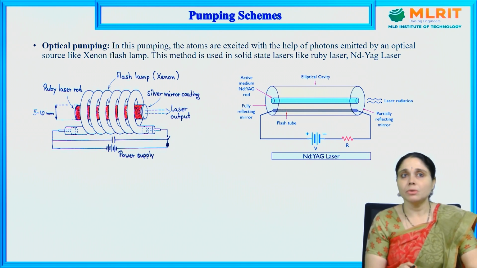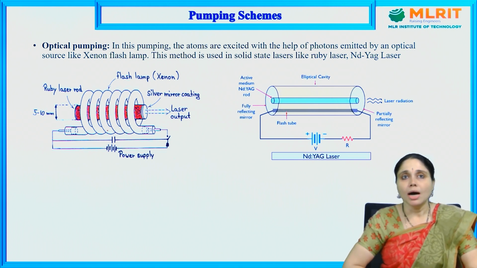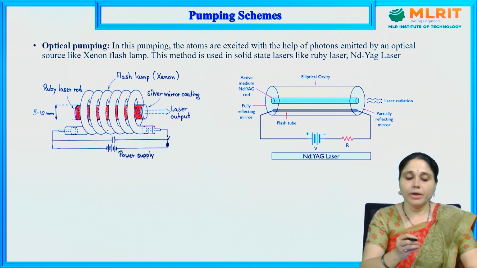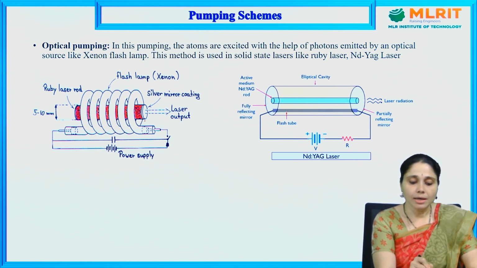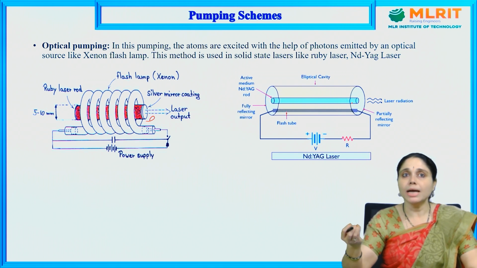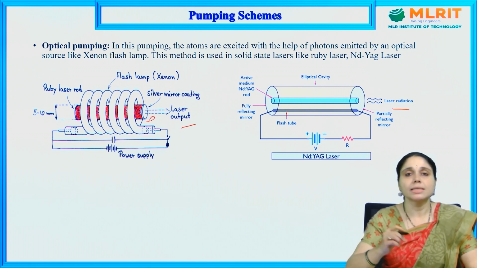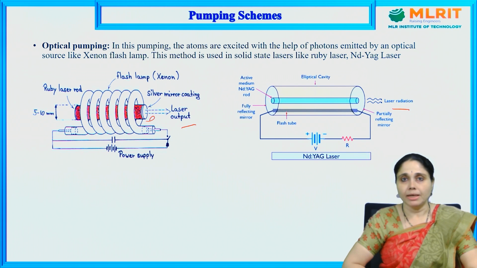The xenon flash lamp is just a flashlight. The flashlight falls on a crystal and gives a certain amount of energy to the atoms in the crystal, and the atoms are excited from the lower energy state to the higher energy state to produce laser light. This is the optical pumping method.